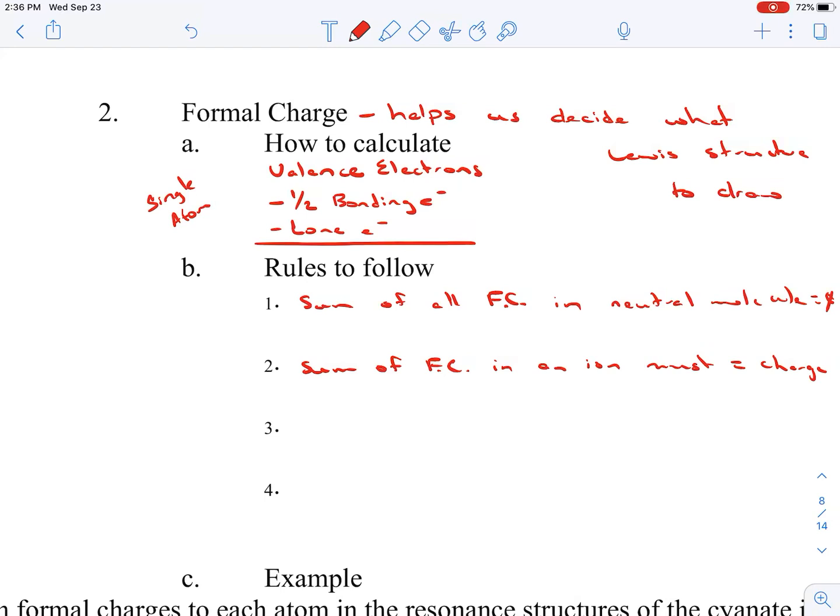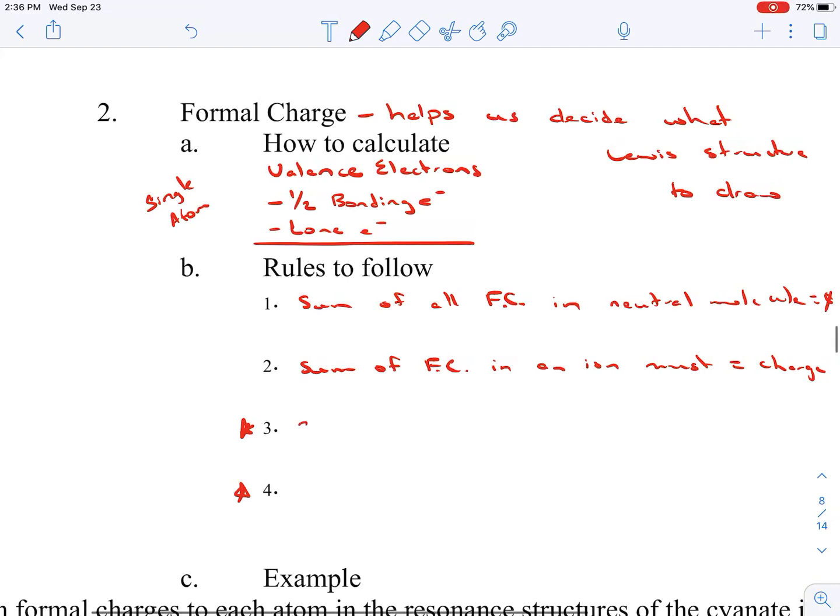And then here are the big rules. These are the ones we really want. We are looking for small or 0 formal charges on each individual atom. So we're trying to get the lowest magnitude of formal charge.